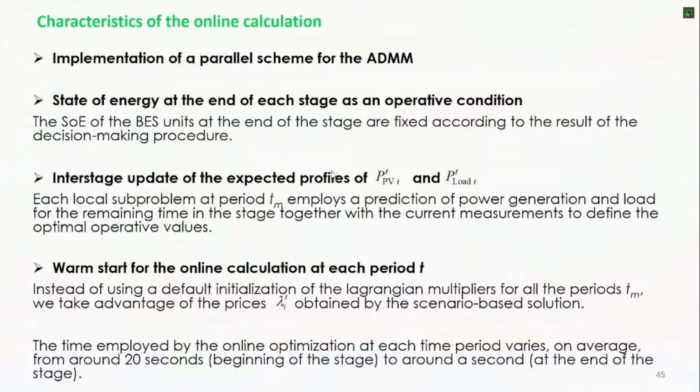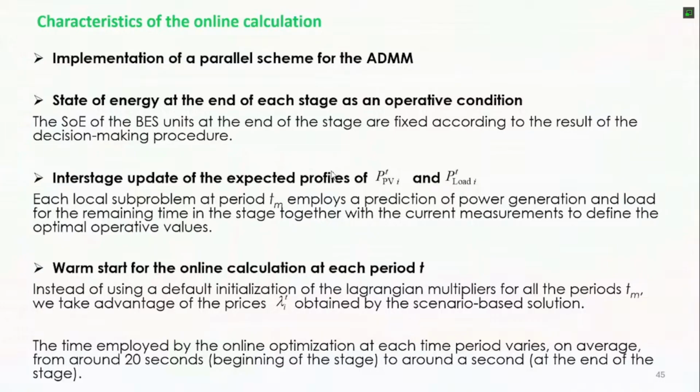The state of energy at the end of each stage is the operative condition in the battery. There is the update of the expected profiles. So if you have additional information or a better forecast of the PV or the load during the day, it can be used in this framework.